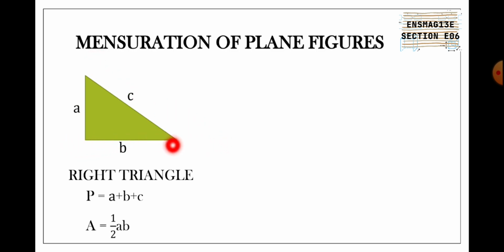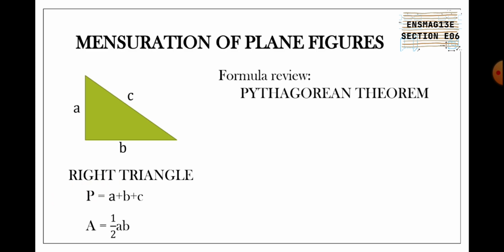To solve for its perimeter, we just sum up your two legs, a and b, and the hypotenuse c, giving us the formula perimeter equals a plus b plus c. And to solve for its area, we use the formula one-half a times b.